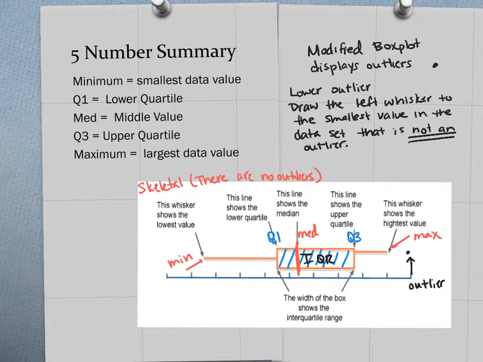The same thing holds for an upper outlier, except that for an upper outlier, we're going to draw the right whisker to the largest value that is not an outlier.